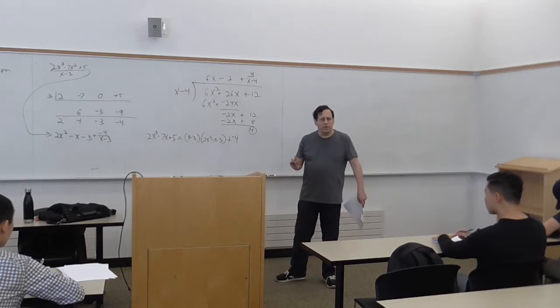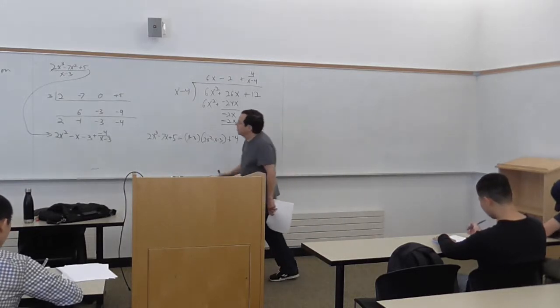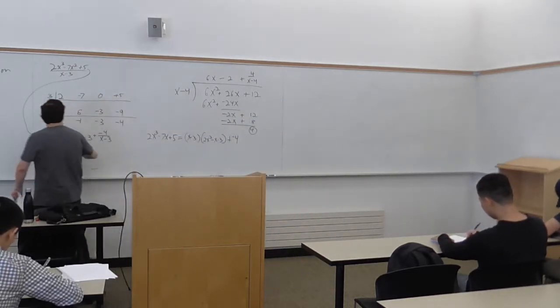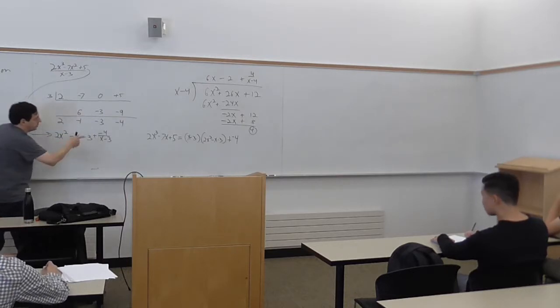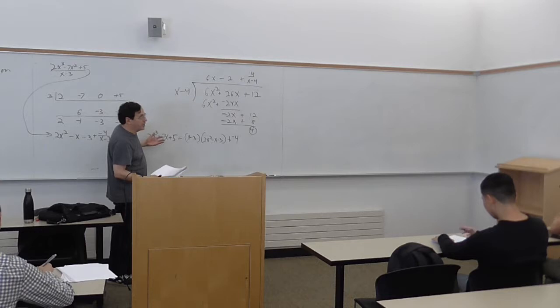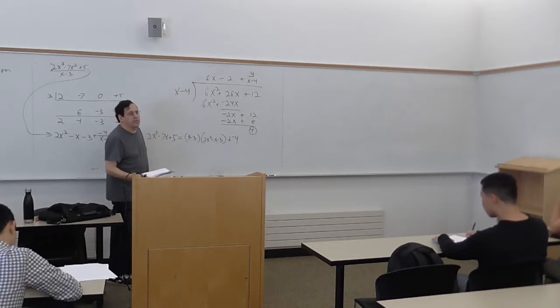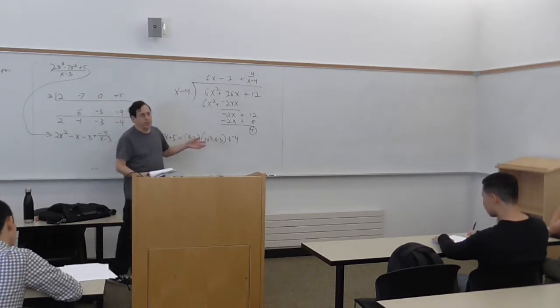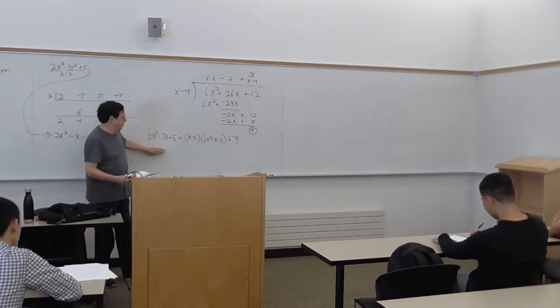Does everyone see that? You take this equal to this and multiply by x minus 3, you get this statement. Right? That's what dividing is, right? It means after you divide, if you just multiply back and add the remainder, you get what you started with.